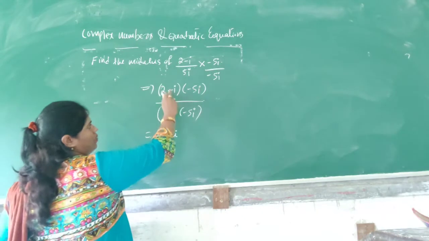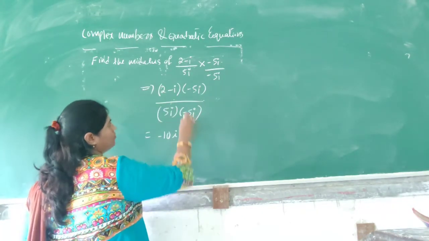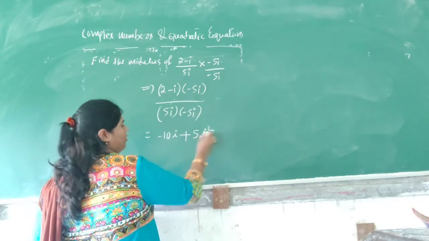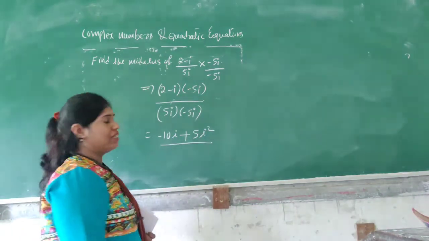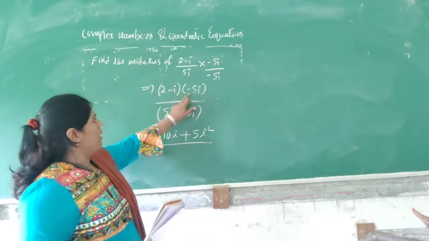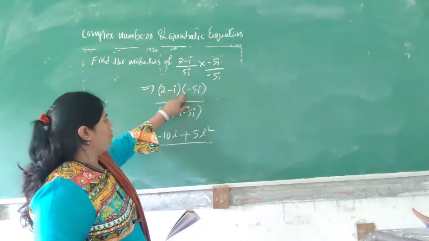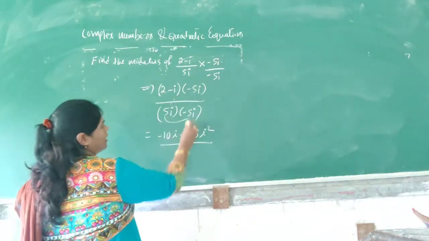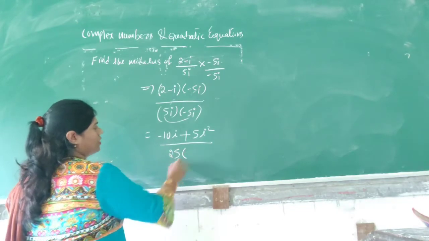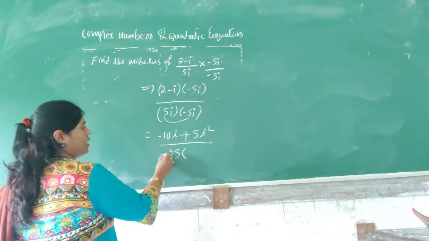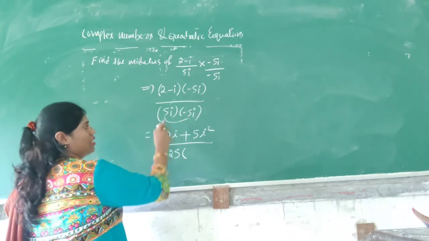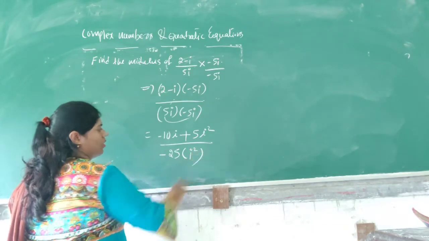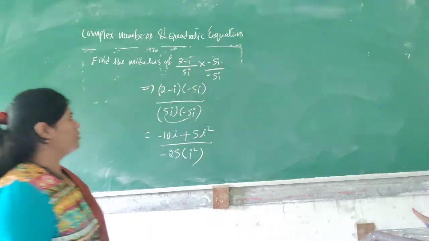Next, minus into minus is plus 5, and i into i is i square. So the numerator simplification is minus 10i plus 5i square. In the denominator, 5 fives are 25, with a minus because plus into minus is minus, and i into i is i square.